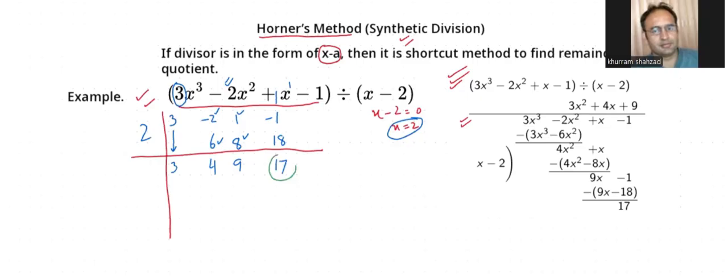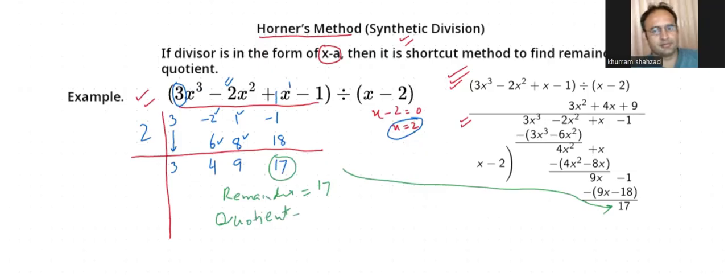You can also verify here that this is also the remainder, which is 17. So first of all, we will write here the remainder, which is equal to 17. And next, we have to write here the quotient. What is the quotient here?